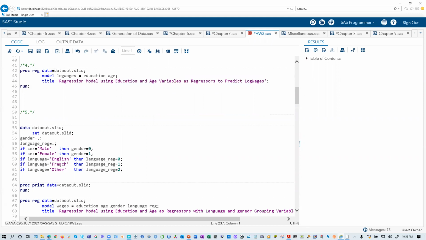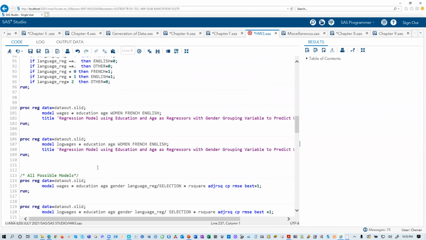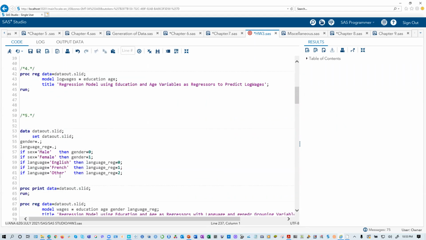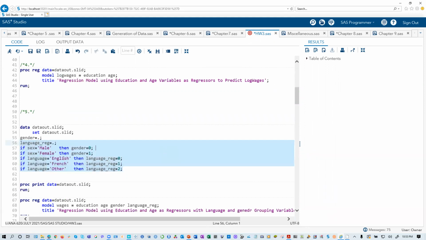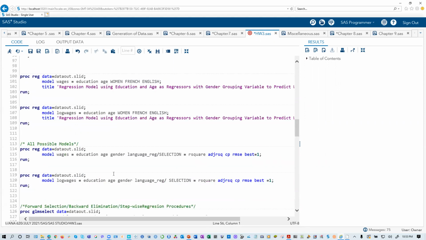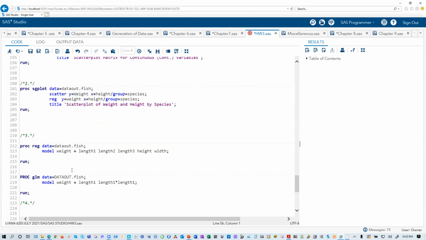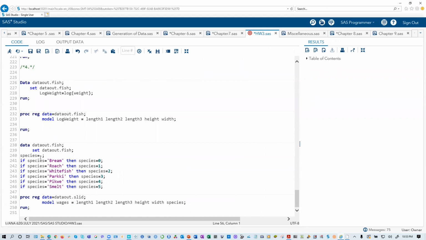Okay, that's the problem. We have to give a new name. So we call this one sex, become gender. That's why I'm going to give a new name. But I gave the same name, that should work too. Species.